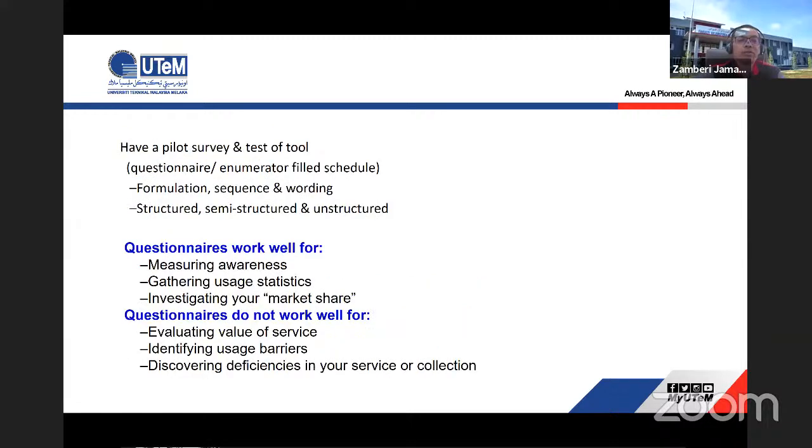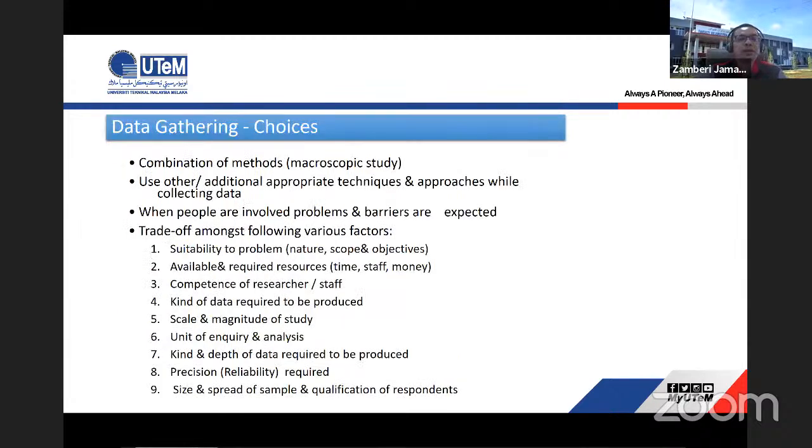Questionnaires work well for measuring awareness, gathering usage, and investigating your market share. They do not work well for evaluating the value of services, identifying usage barriers, and things like that. The choice of data gathering could be a combination, a trade-off of various factors.